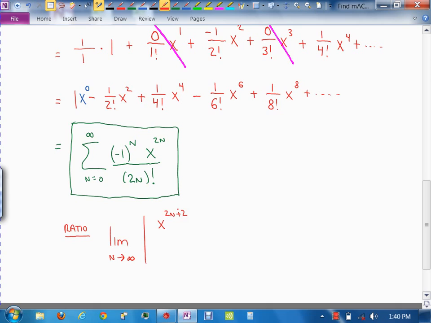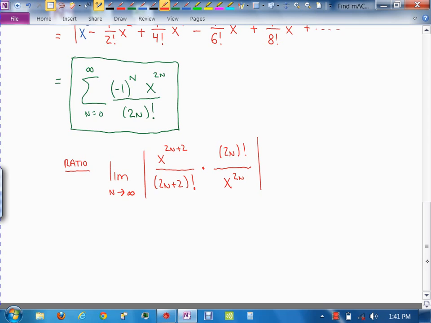When I plug in n plus 1, the 2 distributes to the n and to the 1. Because the n is replaced with n plus 1, the 2 goes to both. And on the bottom, same thing, over 2n plus 2 factorial, and then times 2n factorial over x to the 2n.